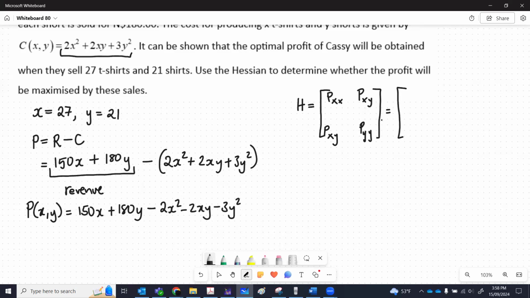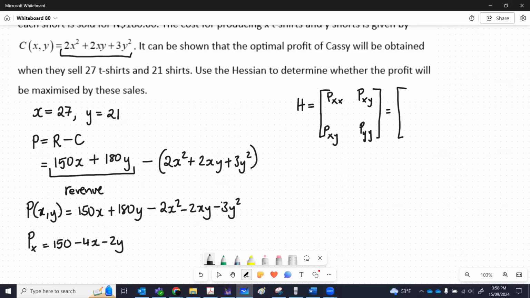Right, so in order to work out the second order partial derivatives, we obviously need the first order partial derivatives. So we have Px, differentiating this with respect to x, we get 150. The derivative here is 0 because it doesn't have an x. The derivative here is minus 4x. The derivative of this one is minus 2y.